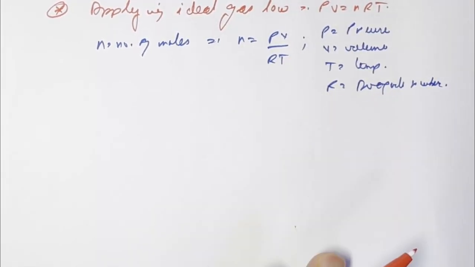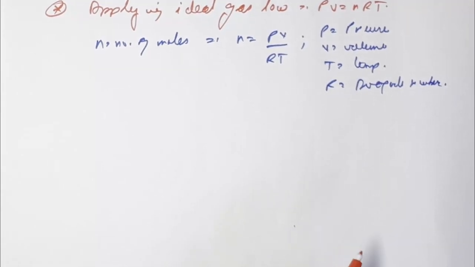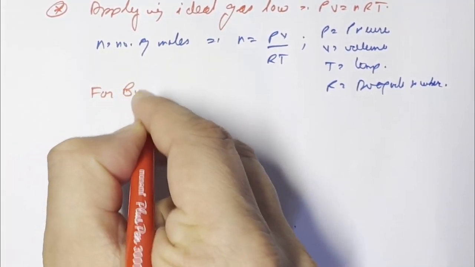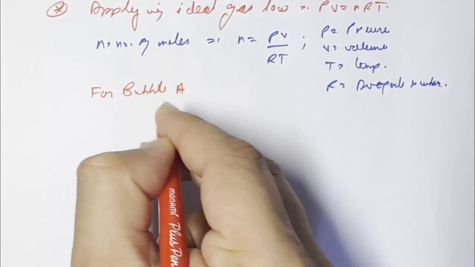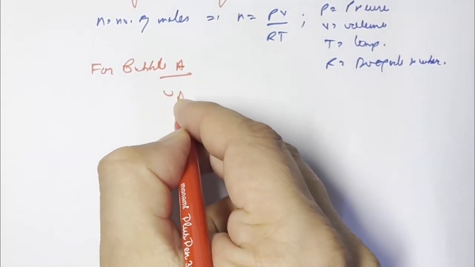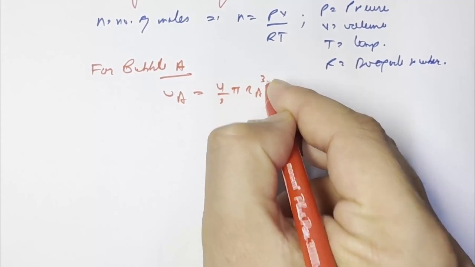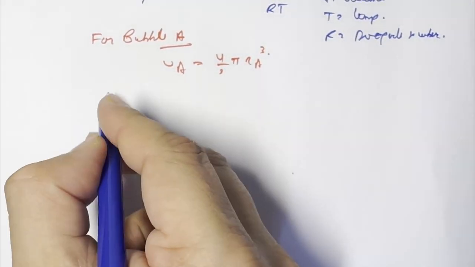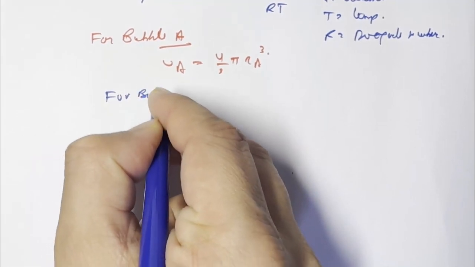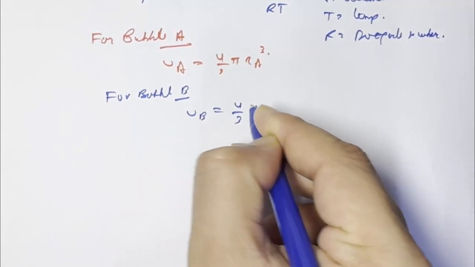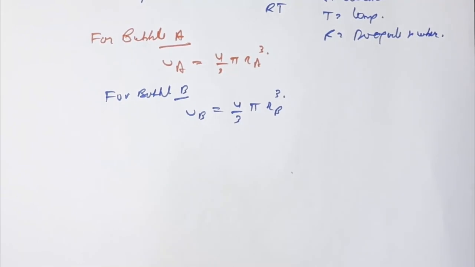We are going to write the volume equation for both bubble A and bubble B. For bubble A, VA will be equal to 4 by 3 pi RA cube, and for bubble B, VB is equal to 4 by 3 pi RB whole cube. So we got the formula for volume as well.